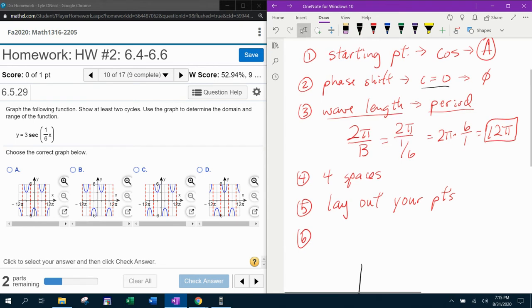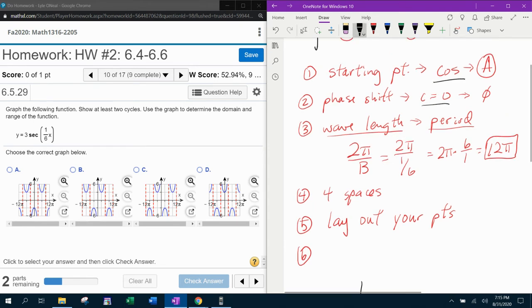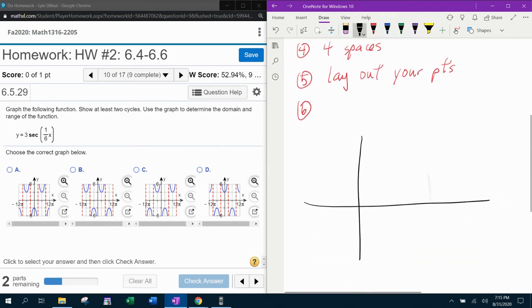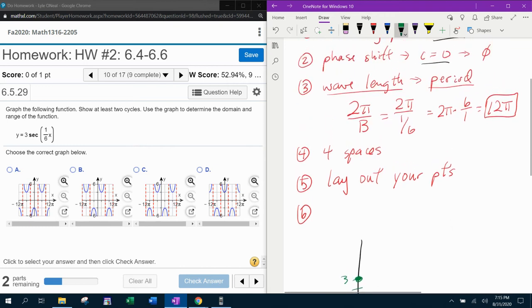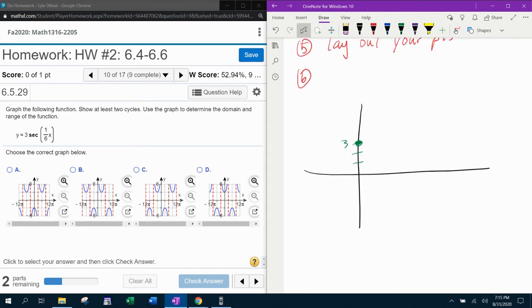Step number 1, starting point. Cosine starts at A. A was 3. And so our first point is going to be up here at 3. And there's no phase shift, so that point is going to stay there. The wavelength is 12 pi. So I'm going to come over here and say, yeah, that looks about like 12 pi.